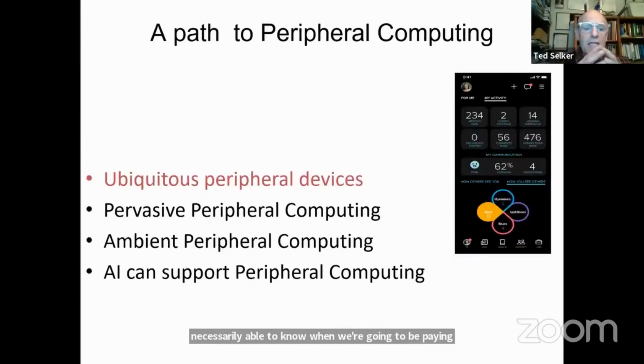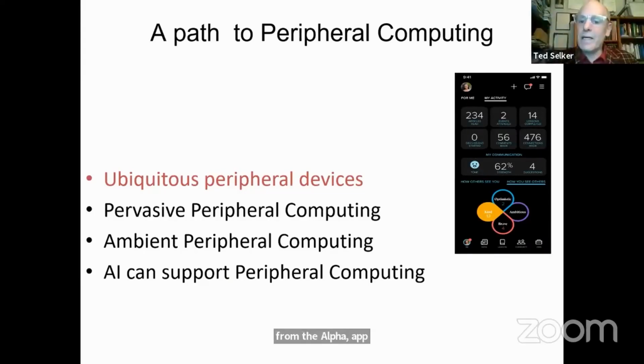So the talk is going to have these four parts. I'm going to talk about ubiquitous peripheral devices, pervasive, ambient, and I'm going to end with how AI can support peripheral computing. On the right, you see a picture of a screen from the Alfy app that I helped make, and this particular page was our attempt to have a mirror.